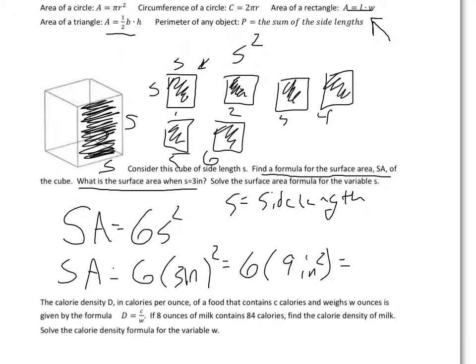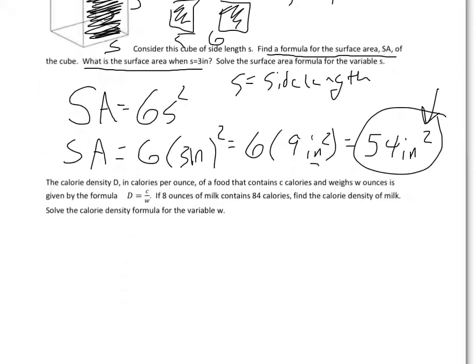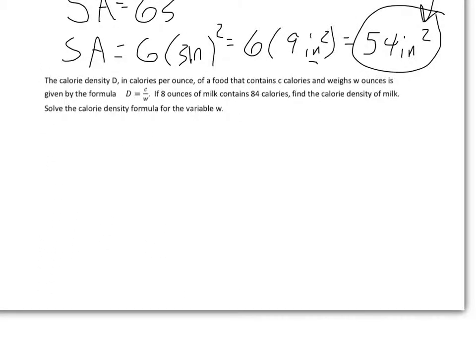Square inches is right, because when we talk about surface area, we're asking how many little 1 by 1 squares we can fit in this piece right there. Those are not great squares, but you get the idea. So 6 times 9, we get 54 inches squared. That makes sense because area is always going to be in something squared. There are square units on that, so we want to make sure we're looking good with that.